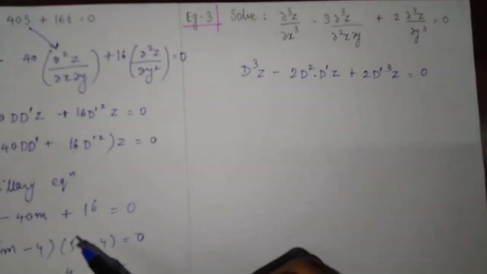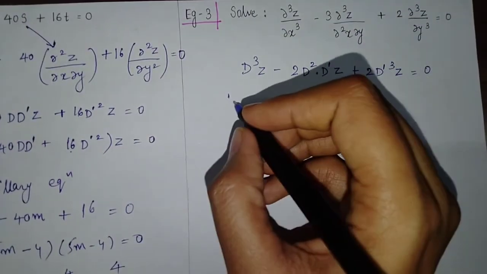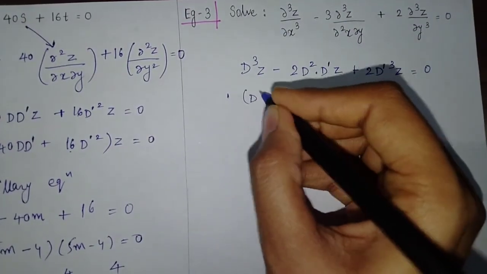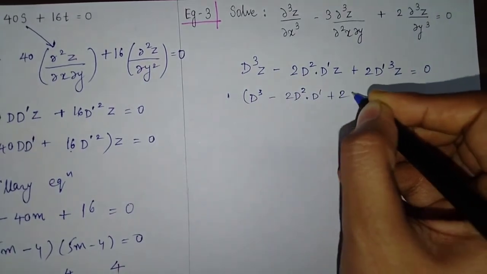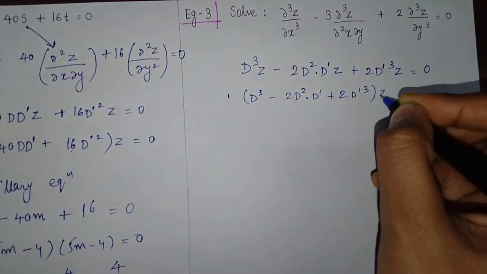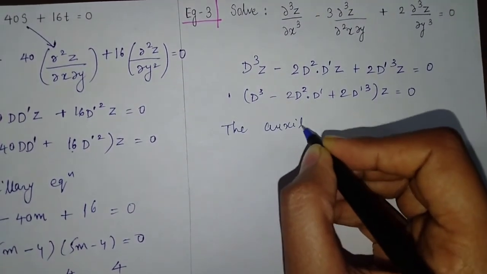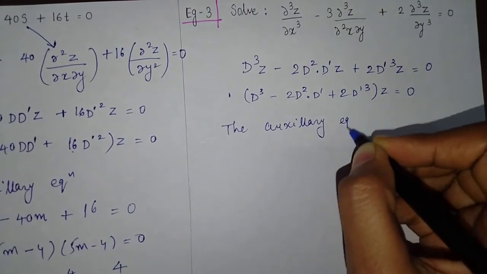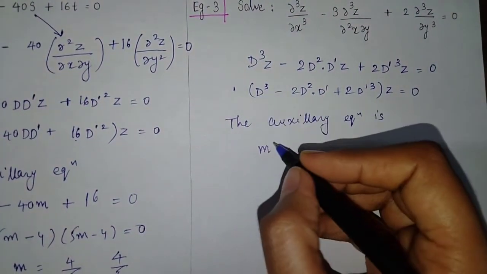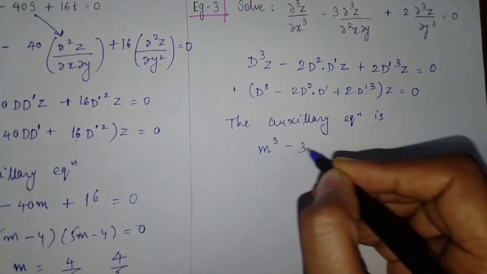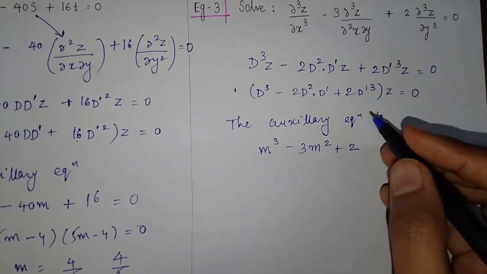So now again the auxiliary equation will be, if I take z common and then find the auxiliary equation, it will be: in place of D cube we have m cube minus 3m square plus 2, D dash cube is again 1.